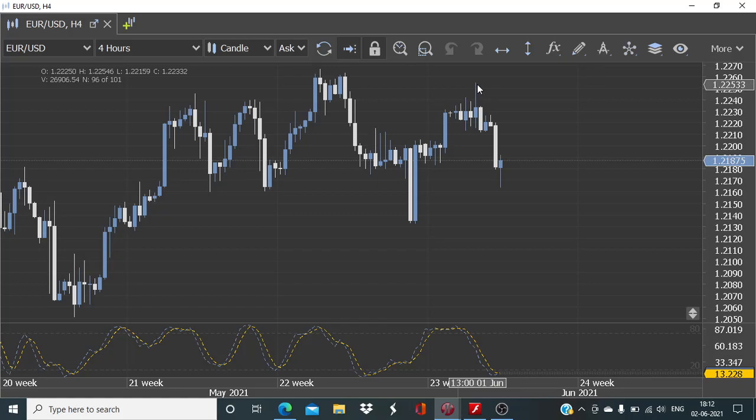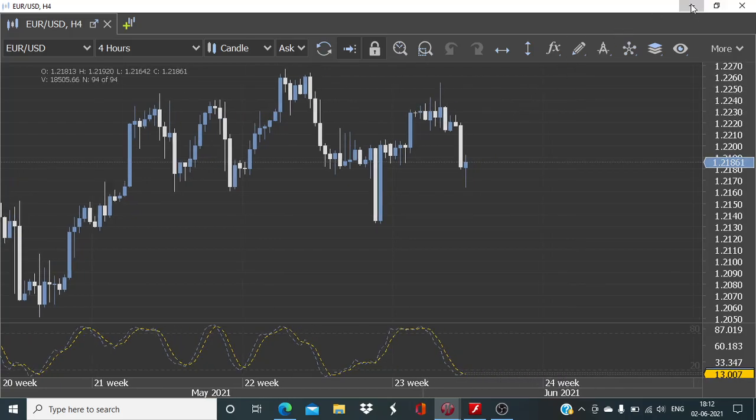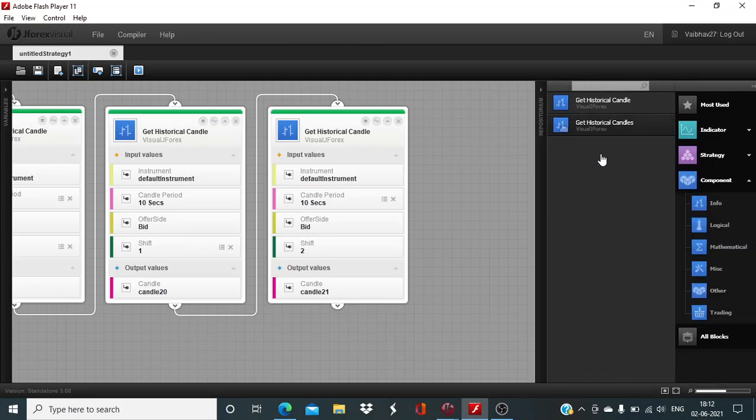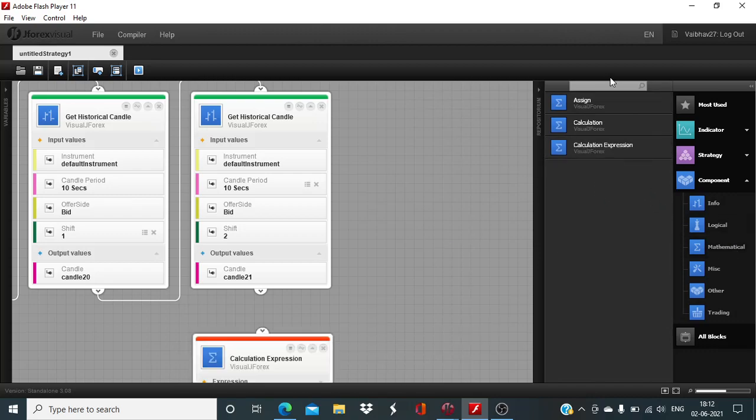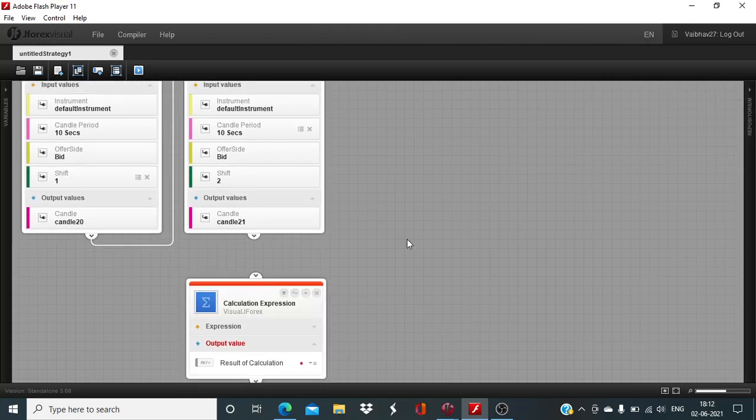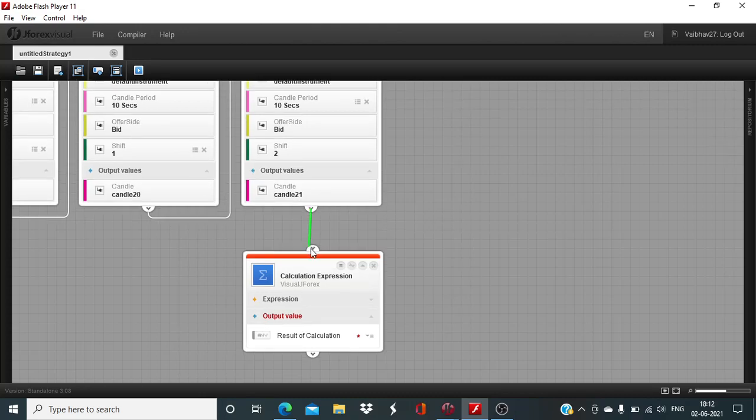In this case, I will be using the requirement of 25 pips, and the difference between the high and the low for last 4 hourly candle should be greater than 25 pips. So for that, one calculation will need to be carried out to define 25 pips, which then can be used to compare at the actual difference.